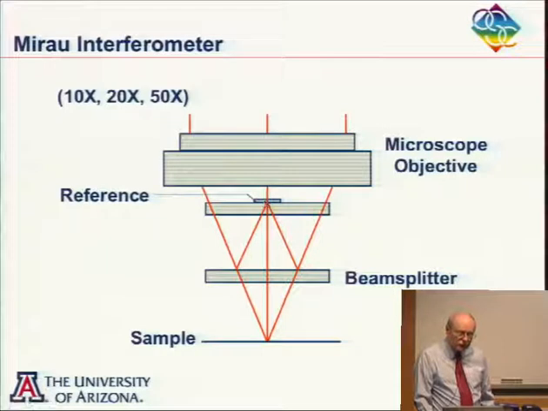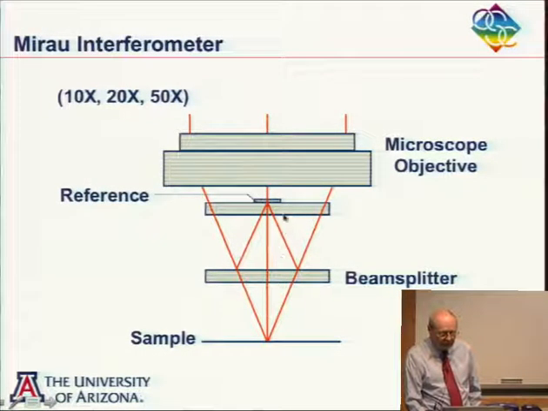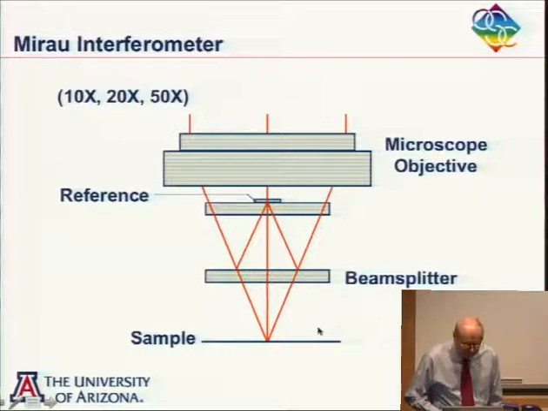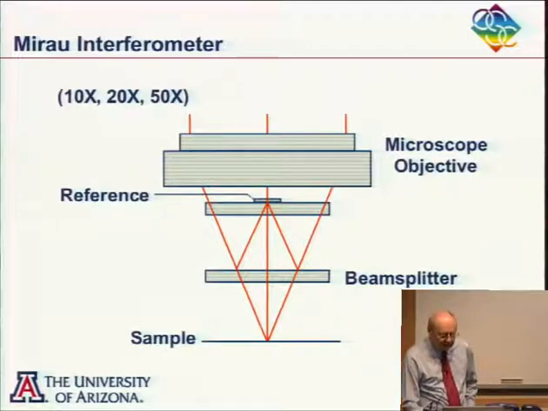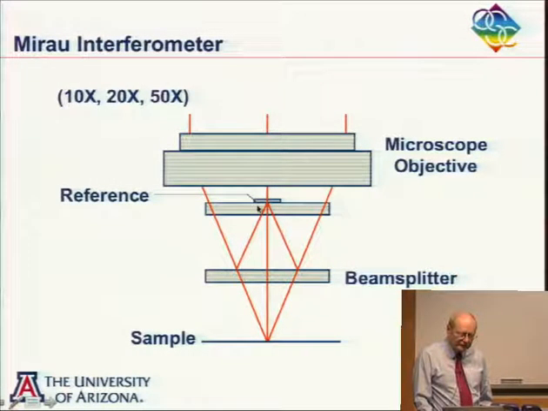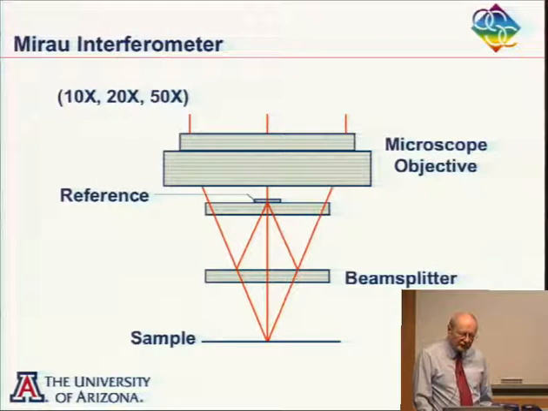If I try to get to too high a magnification, well, the problem there is I have all this glass in between the objective and the sample, and I'm using up part of the working distance. And so it's hard to make this particular objective work at a much higher magnification than 50x. So this typically has, I don't know, maybe a 30 to 60% reflectivity.